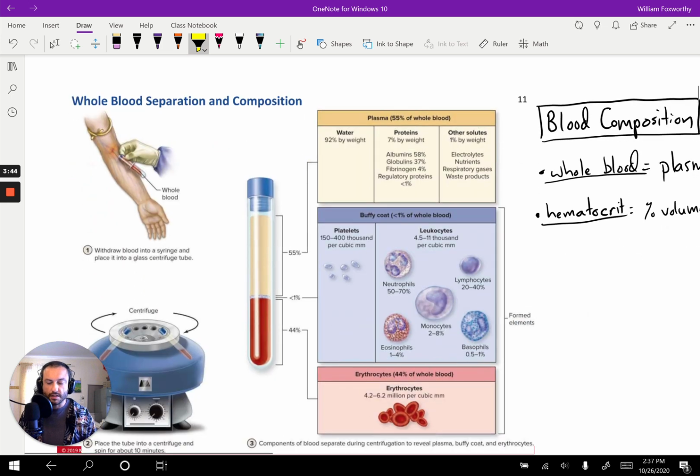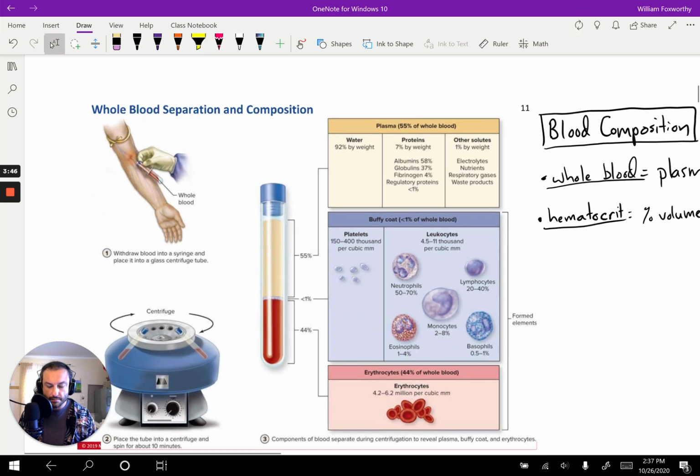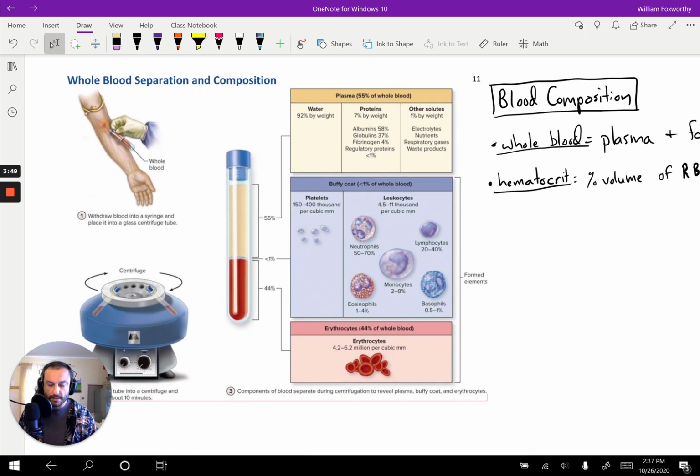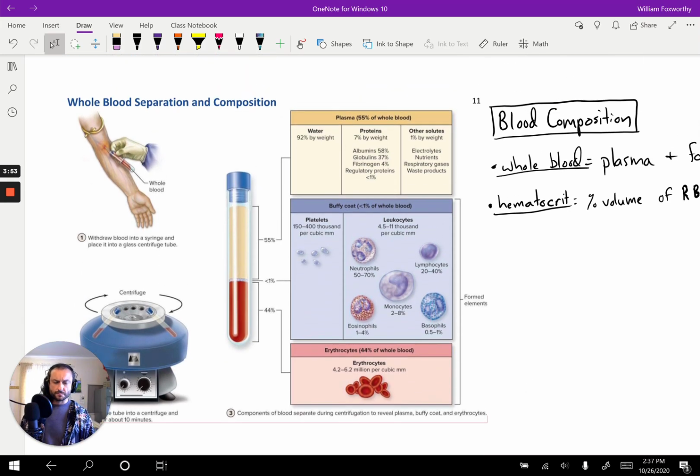You can look at the components of blood by centrifuging a blood sample, and if you do this, it will separate blood into 3 main components, and it's separated by weight. So the top portion here is plasma, and plasma contains mostly water, some plasma proteins we'll talk about a little bit more later, like albumins, globulins, fibrinogen, and other dissolved proteins.